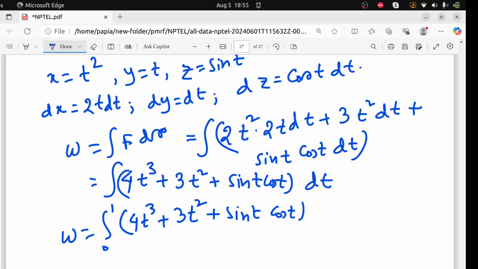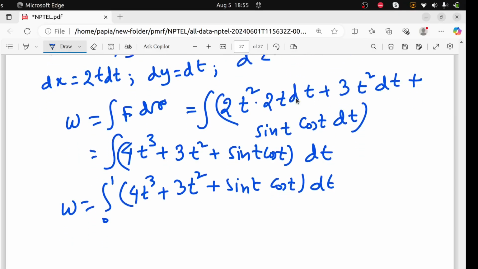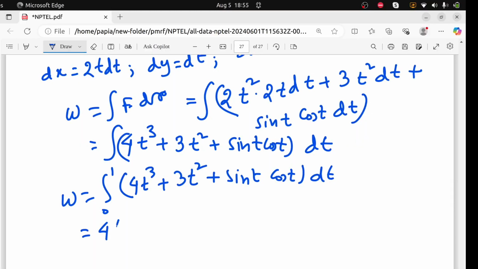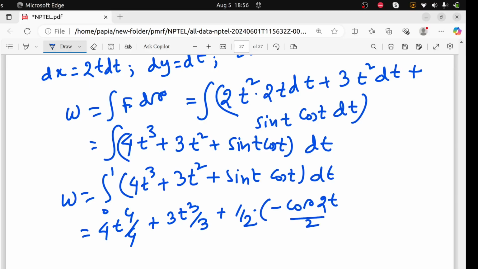There will be no i cap, j cap, k cap term. So the value will be t to the power 4 by 4 plus 3t cube by 3 plus half of sin 2t, so minus cos 2t by 2.